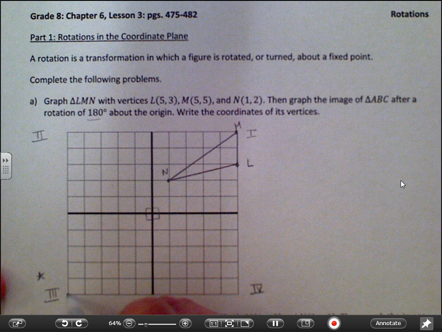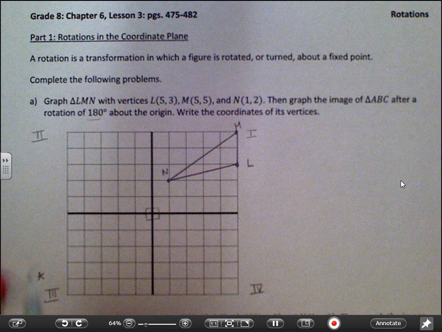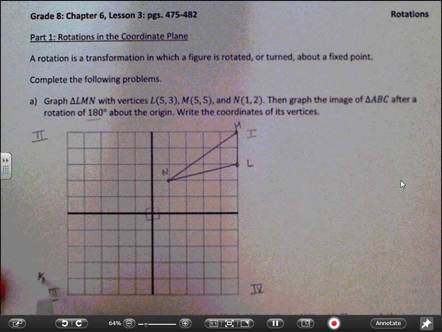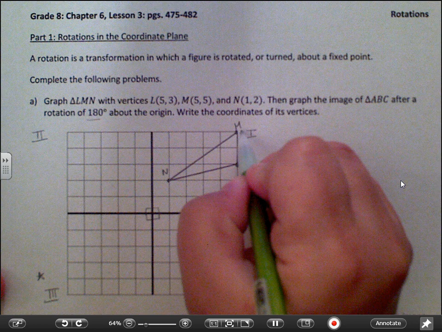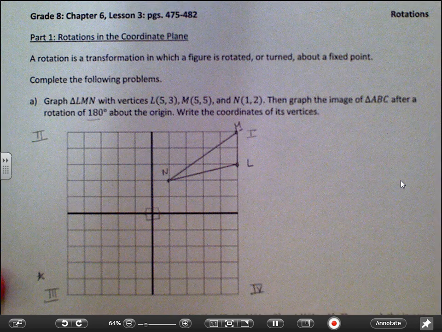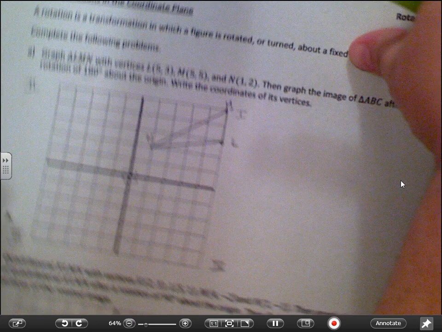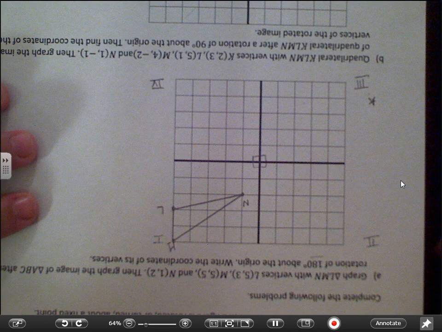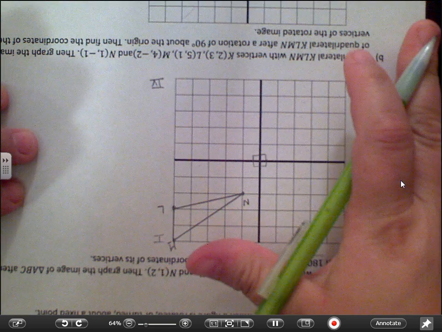So I'm going to rotate my paper until this star is my new quadrant 1. So everything is upside down. That's okay. I'm going to pretend this is my new quadrant 1.